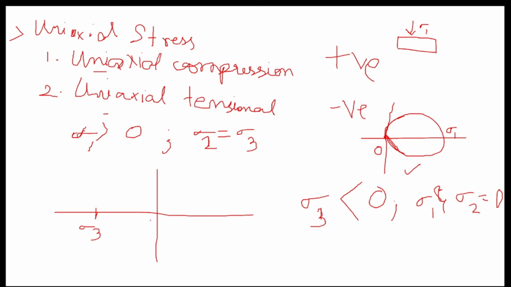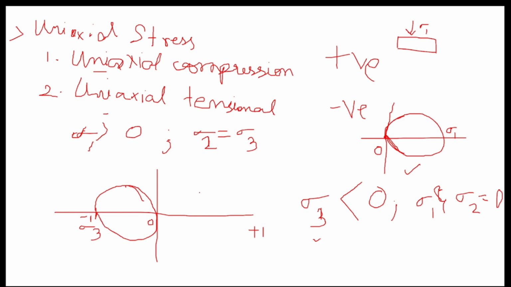This is 0, and assume on a number scale this is plus 1, this is minus 1, just for assumption, but don't take these as the only values. We can plot sigma 3 and sigma 1. So according to the criteria of uniaxial tension, sigma 3 is always less than 0 and sigma 1 and sigma 2 are equal to 0. So this is how uniaxial tension will look.